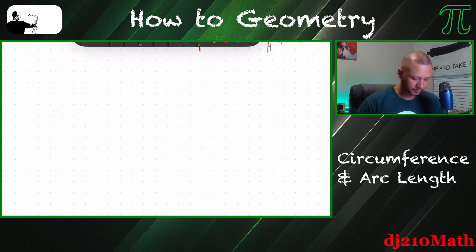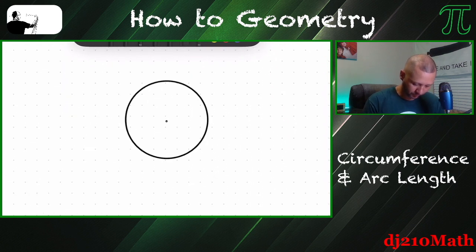Let's try another one. In this example, we're looking for the measurement of the arc length for the green arc.